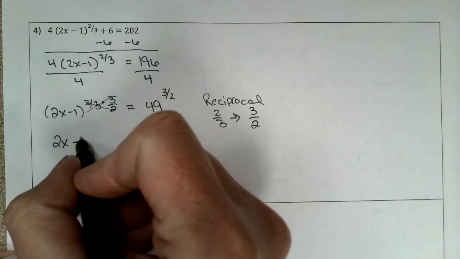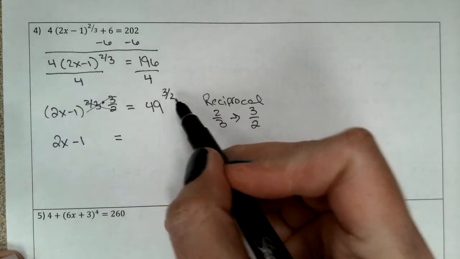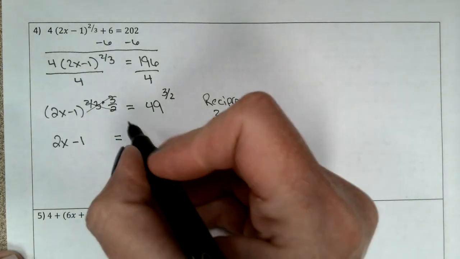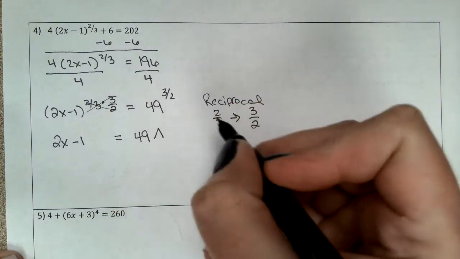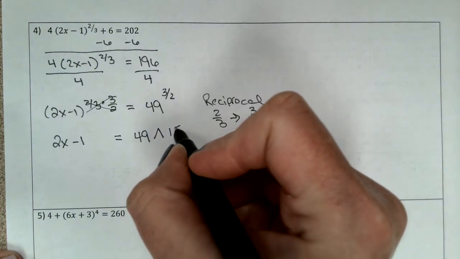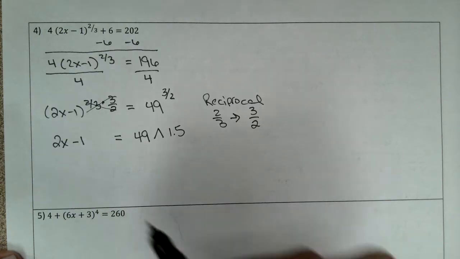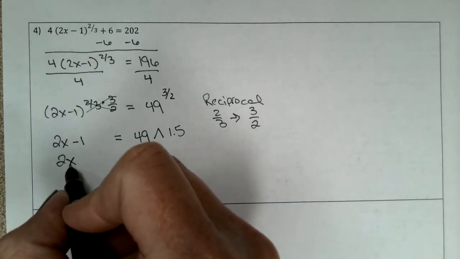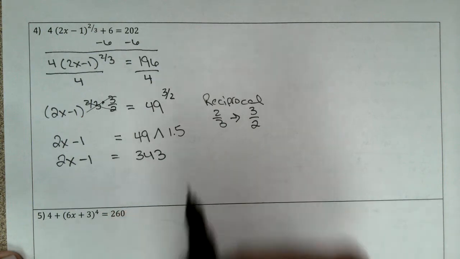So that's how I just have a 2x minus 1 on the left. 49 to the 3/2 power would be the same thing as 49, and then use your exponent key, and I would probably just put in 1.5 into my calculator. That's easier. And so that is 343.